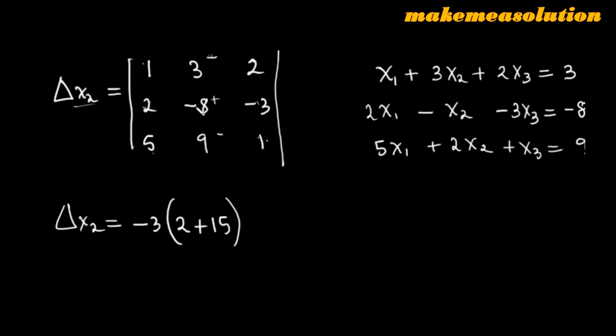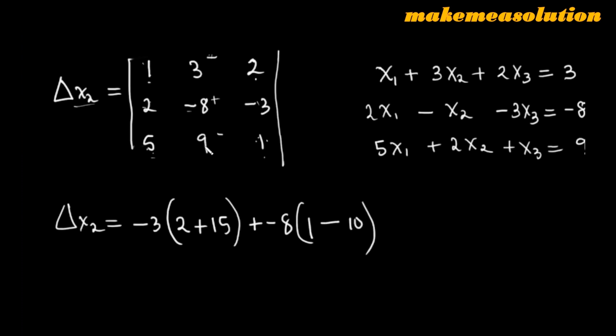Then plus 8, but 8 is negative, so minus 8 into, what are the minors of 8? The elements at the edges, this, and this. So 1 times 1 is 1, then 5 times 2 is 10, so 1 minus 10.